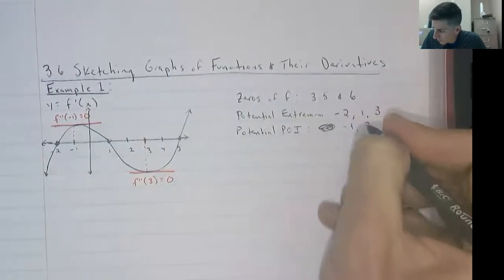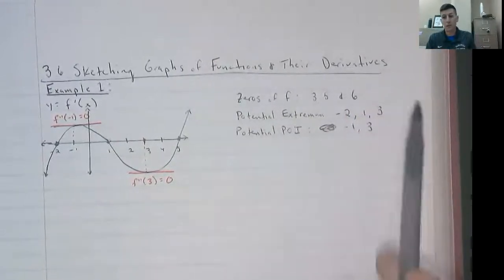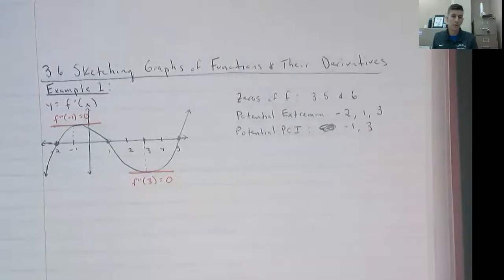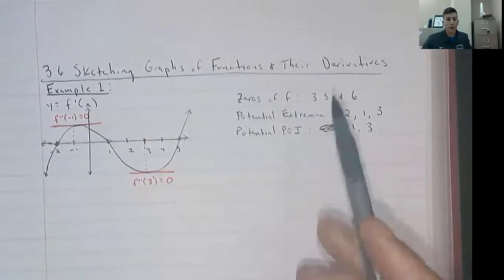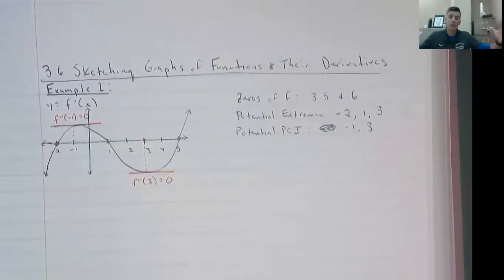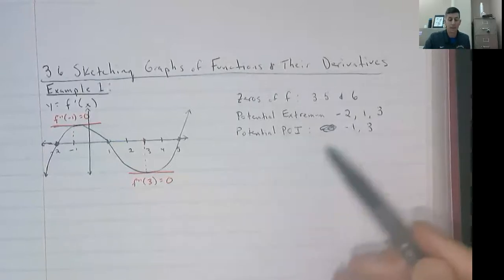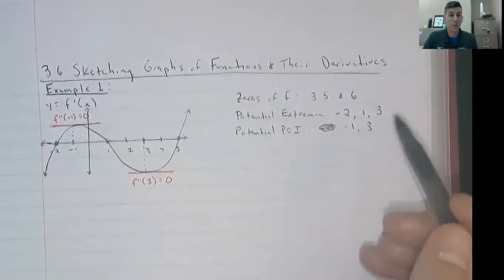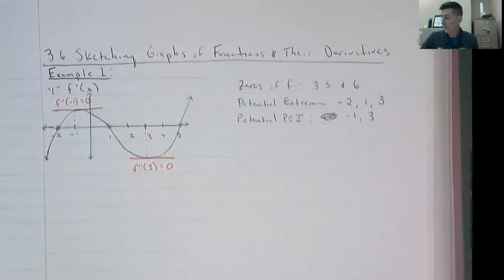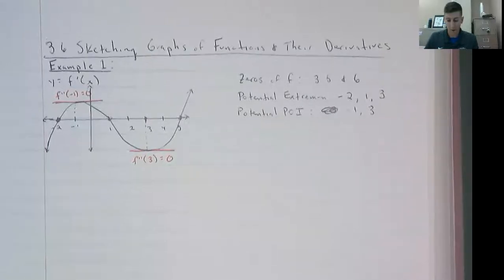I'm laying out all of these points, aggregating all of this information, because this is going to be the basis of the organization that's going to allow us to sketch a relatively accurate graph of this function just based on this information. These are the fence posts for that organization and for the sketching we're going to do.